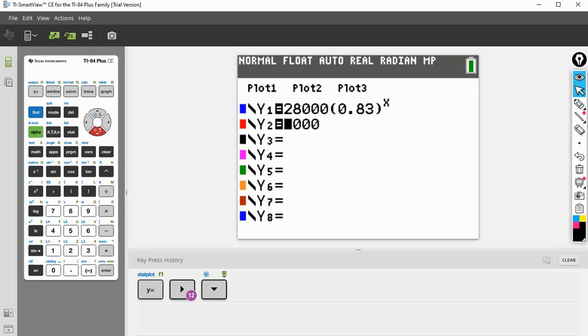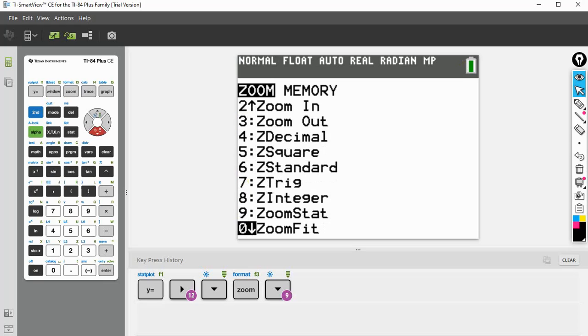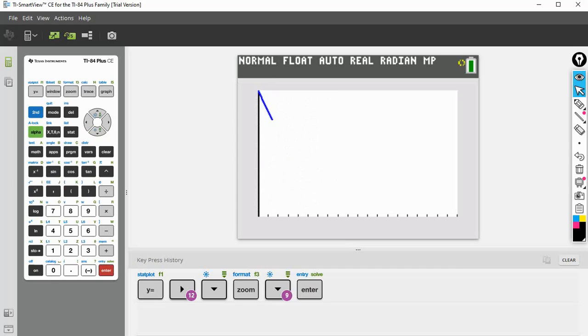And then notice that for the second function, I have y equals 9,000, which is simply going to be a horizontal line, right? Okay, so now go to Zoom and scroll down, and you're going to find option 0 right after 9, and it says Zoom Fit. So hit Enter. And notice that we have the graphs of both the sequence and the line y equals 9,000.